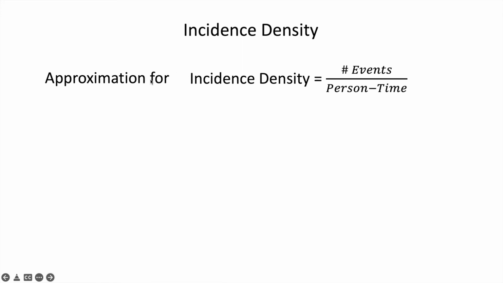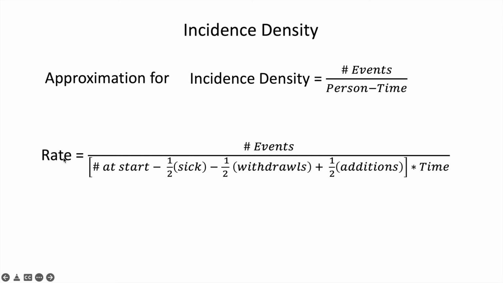As far as approximating incidence density, again, incidence density is number of events over person time. There's some approximations, so you could do number of events, and the time here is the same, but this person-time part is being approximated by the number at the start minus the number that are sick minus the withdrawals plus the additions.